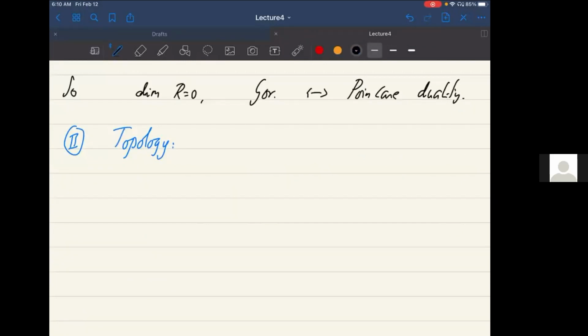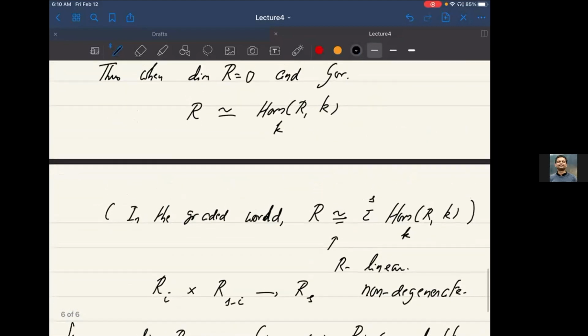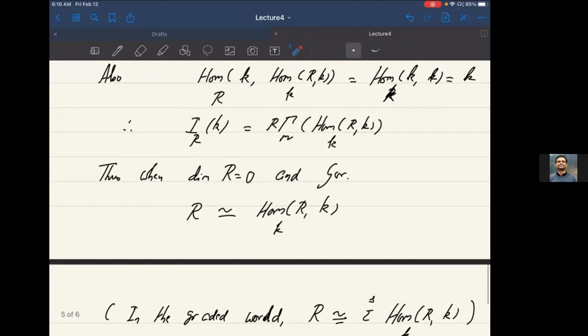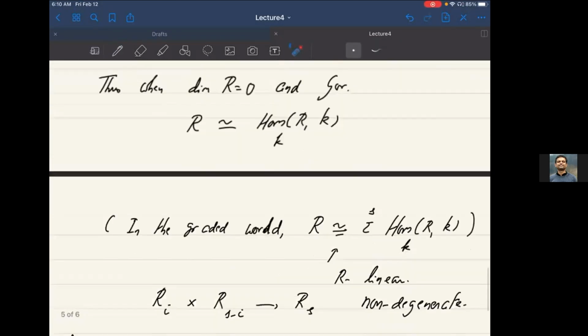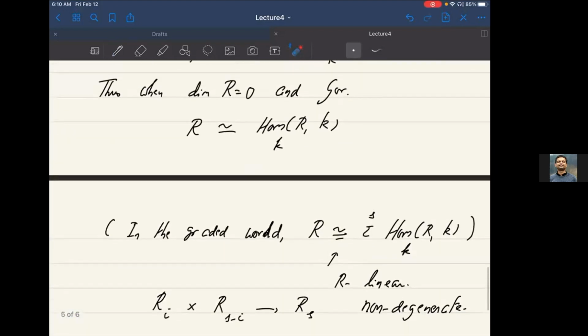There is a question in the chat. What is the significance of writing the isomorphism as a suspension? So in the graded world, if I'm not in the graded world, I can't write down this pairing. All I have is that R is isomorphic to its dual.